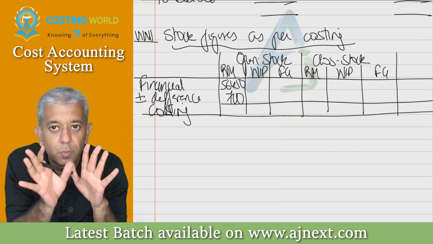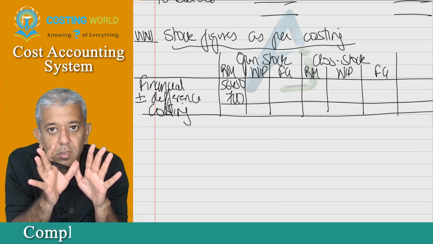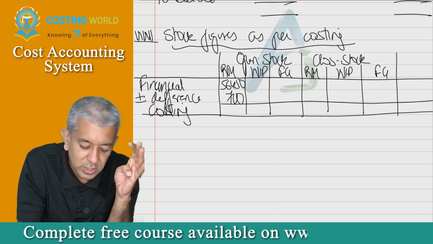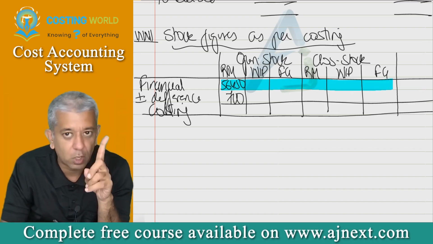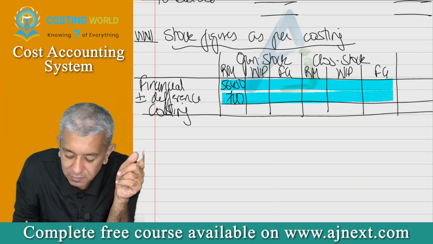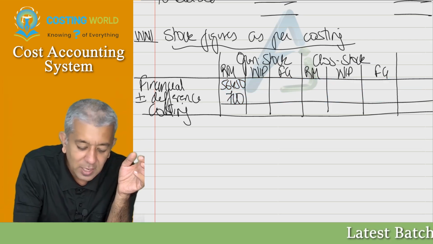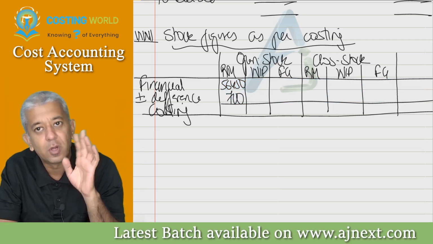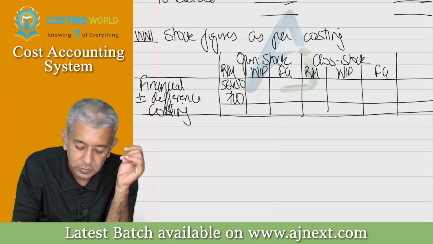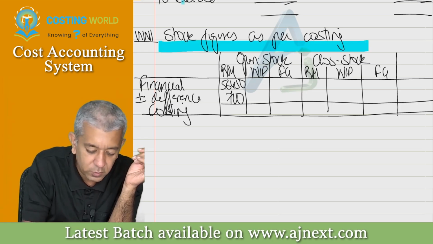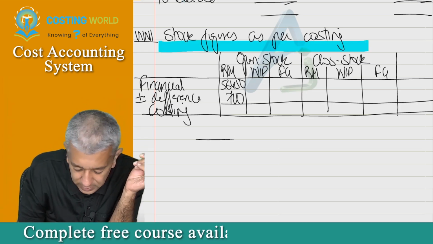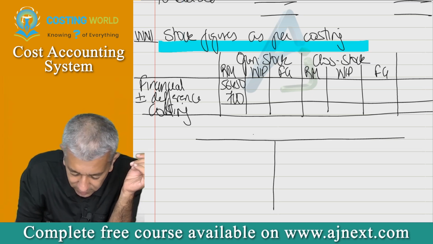You all understood what is to be done? Okay, so just fill up these particular numbers: 6 stock figures from financial accounts, and corresponding figures from the reconciliation. Then we will start thinking whether it is add or less. Okay, you copy this down please, and leave one line blank over here. And then whatever I am making, just make it.